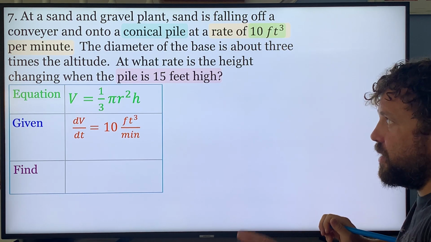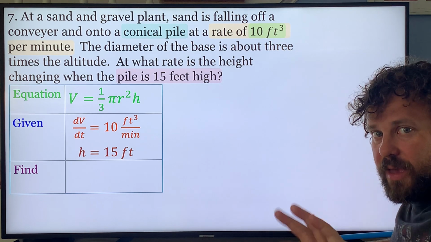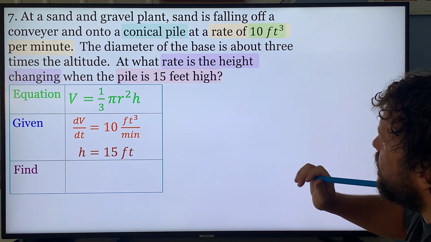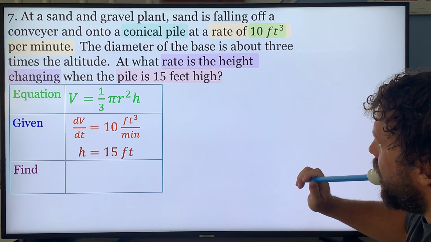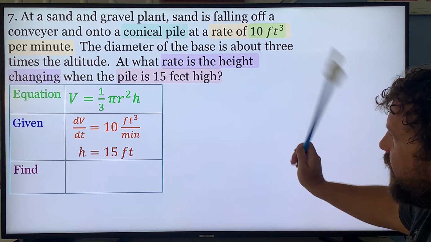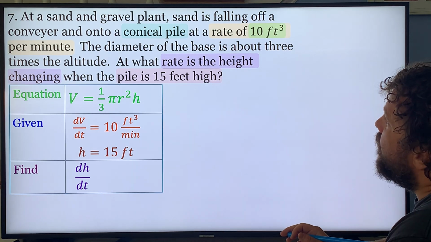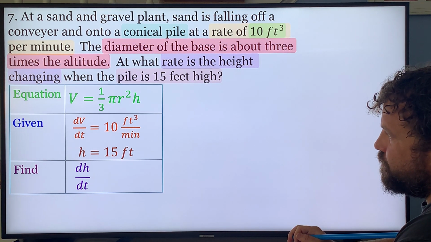So what's that? Altitude or height, right? Altitude, height, same thing. A and H are interchangeable. So now we got all this, but it says what rate is the height changing. What's that? Rate means d something dt, dh dt. You saw that from my picture. Now, here's the key. Diameter of the base is about 3 times the altitude.